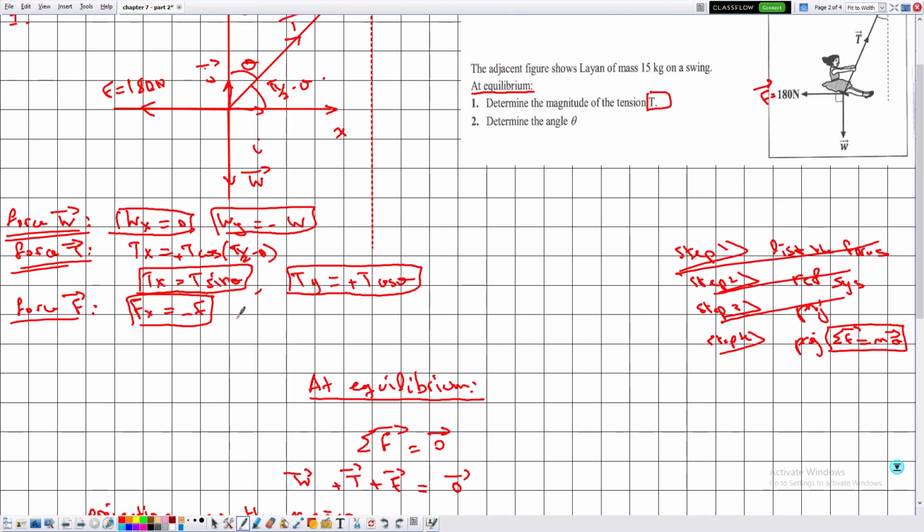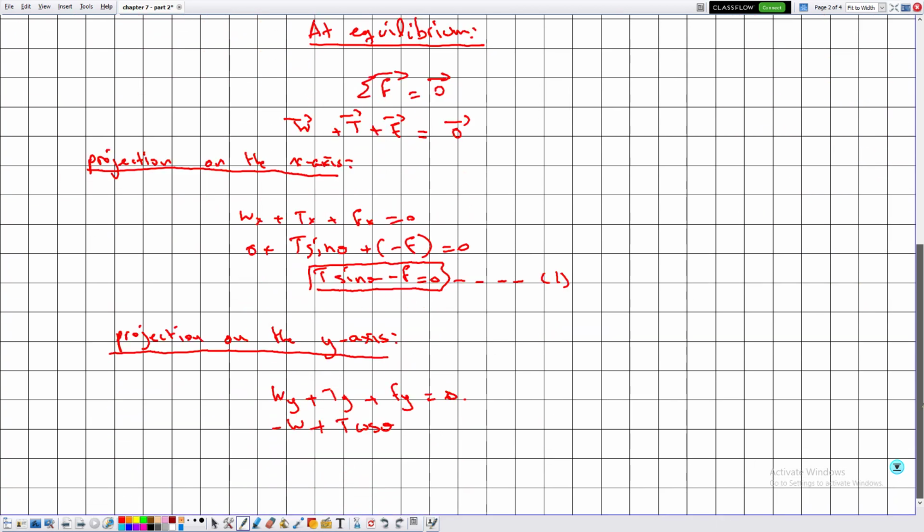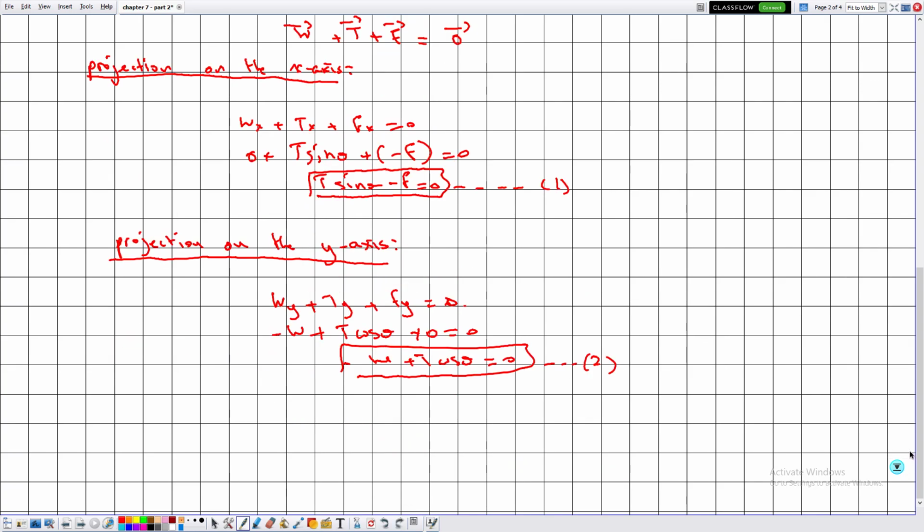Let me mention here that Fy is equal to 0. So minus W plus T cosine theta is equal to 0. This is equation number 2. Now we need to solve these two equations.